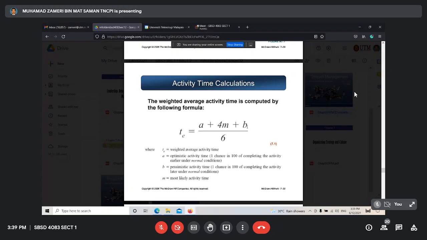Why did they introduce PERT? Because they want to overcome the problem. In this case, the problem is risk. In order to overcome it, we do not stick to one type of time. If we stick to one type of time, that means we don't have any clearance.